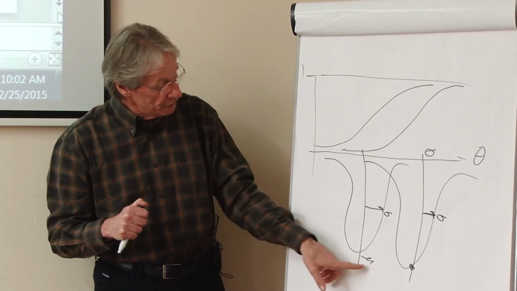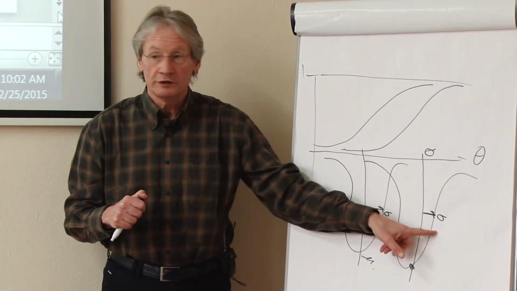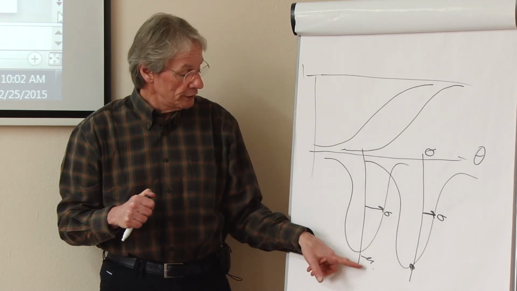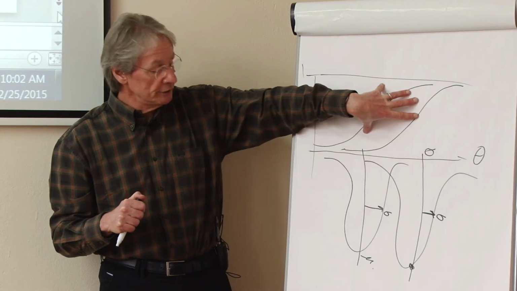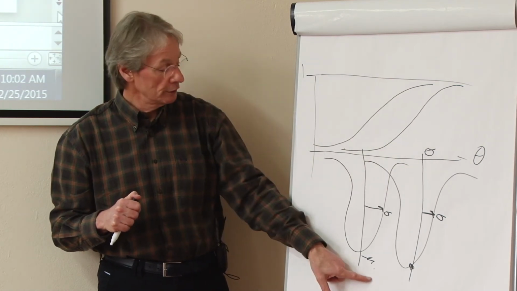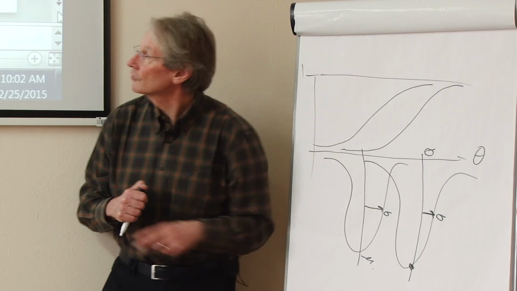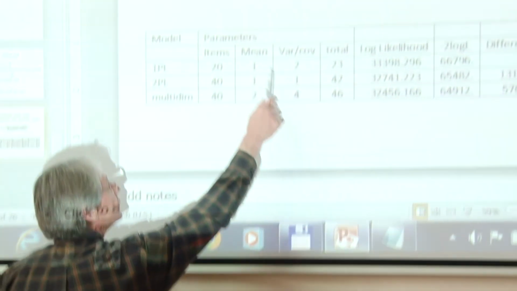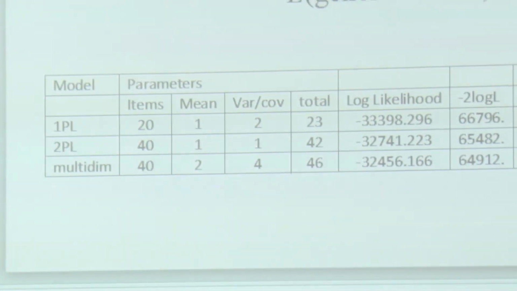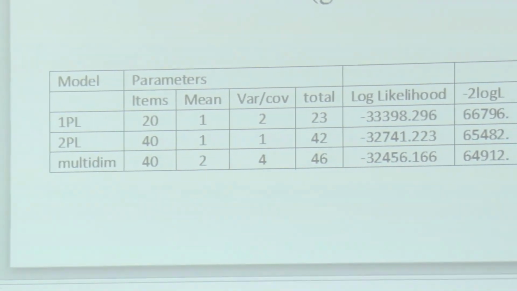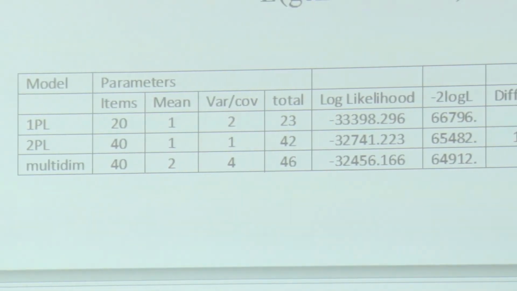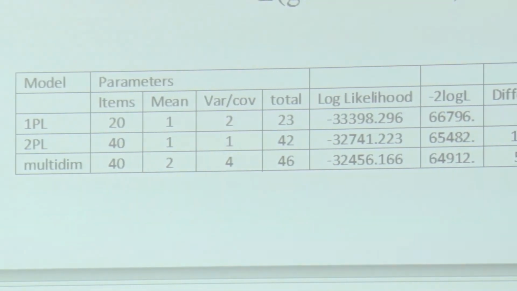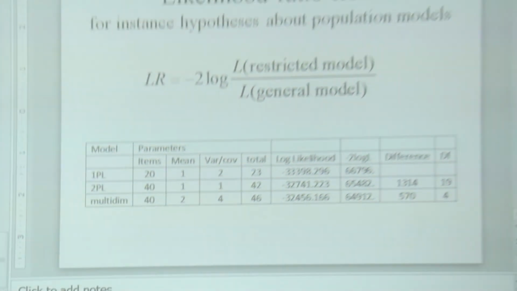And we estimate this mean and these two standard deviations. So that is 3 population parameters. So we have 20 for the items and 3 for the population distributions. And that's what it says here: 1 for the mean and 2 for the ability distributions, for the variance. And that leads to a total of 23 free parameters in a Rasch model.